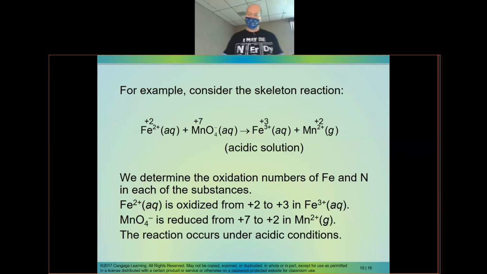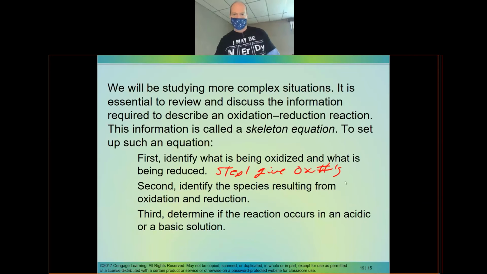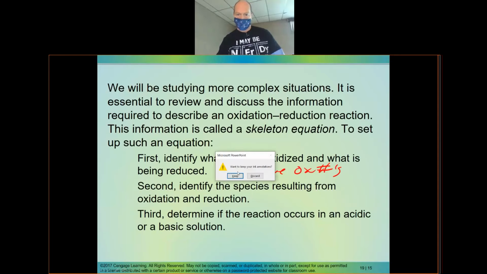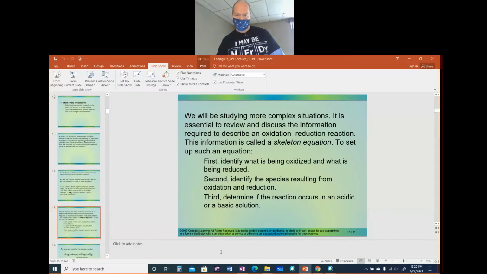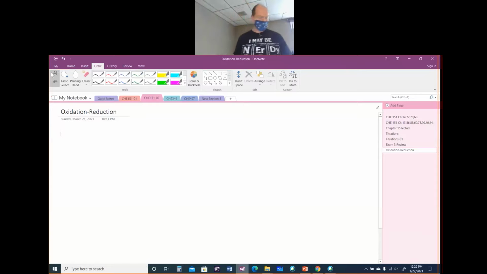All right, so let's go and do a different oxidation reduction problem. You can work through the one that's in the book. I'm going to pick one that is a little more challenging, which goes through almost all the steps.